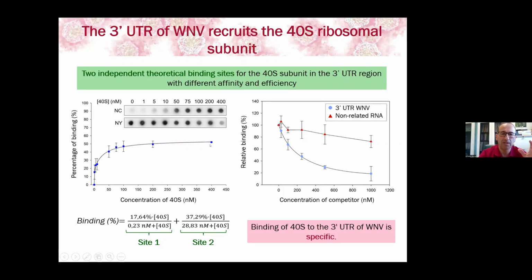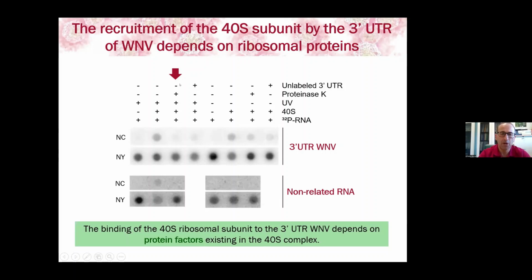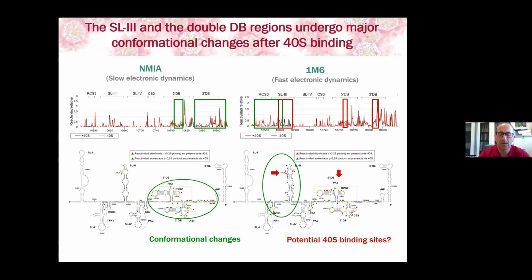As you can see in this figure, it occurs, and our preliminary data indicates that there seems to be more than one site of binding or recruitment of the ribosome within the 3' UTR of the virus. This interaction is specific, can be competed by the same unlabeled RNA, but is not competed by an unrelated RNA. Further, we demonstrated that this interaction depends on the ribosomal protein, so it's an RNA-protein interaction.